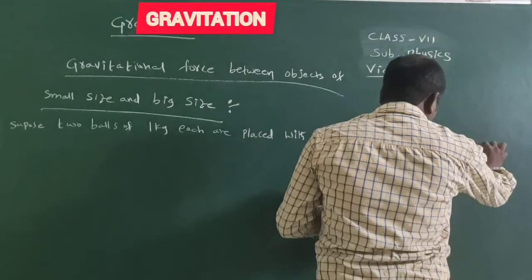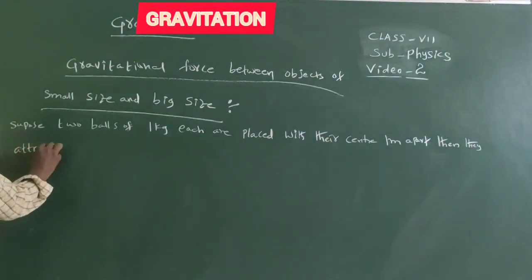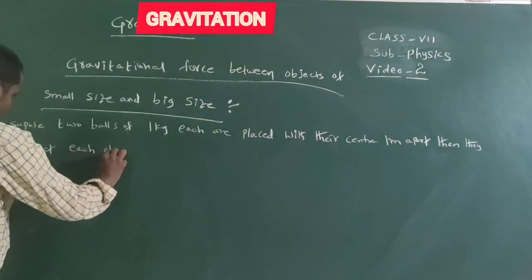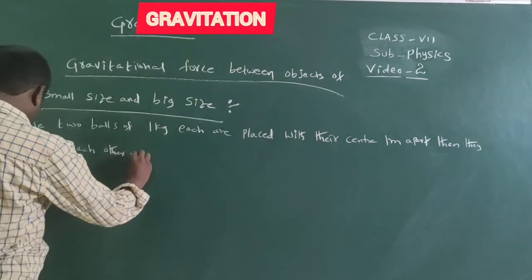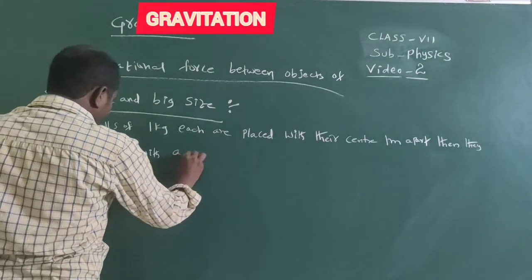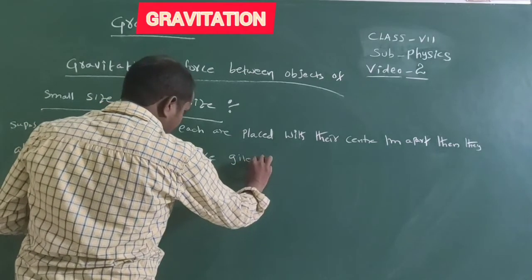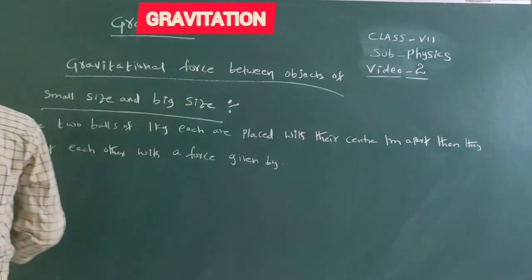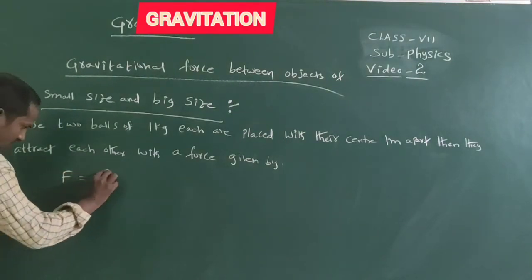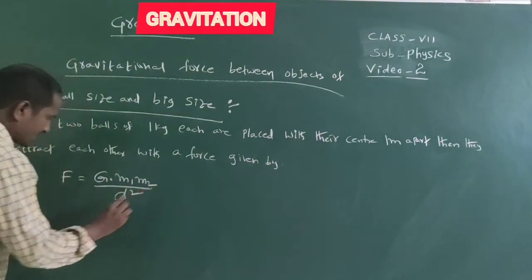Then they attract each other with a force given by F equal to G into M1 M2 by d square.